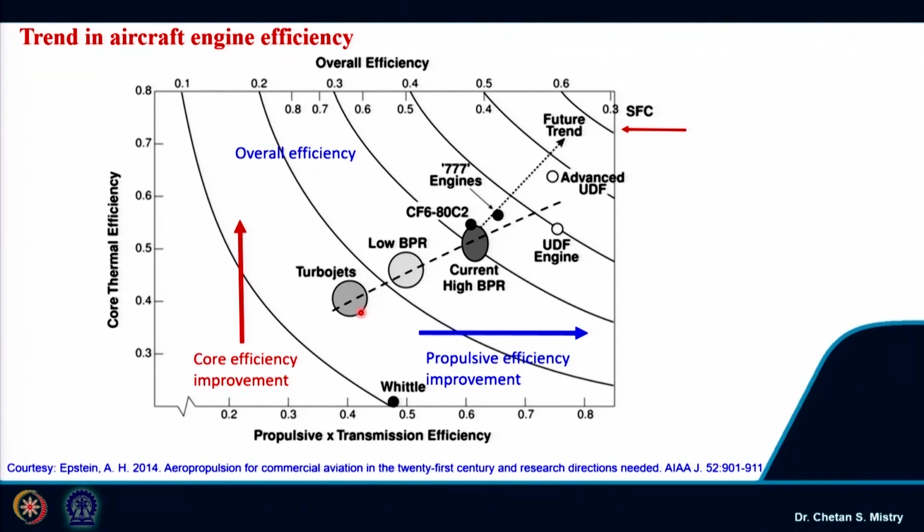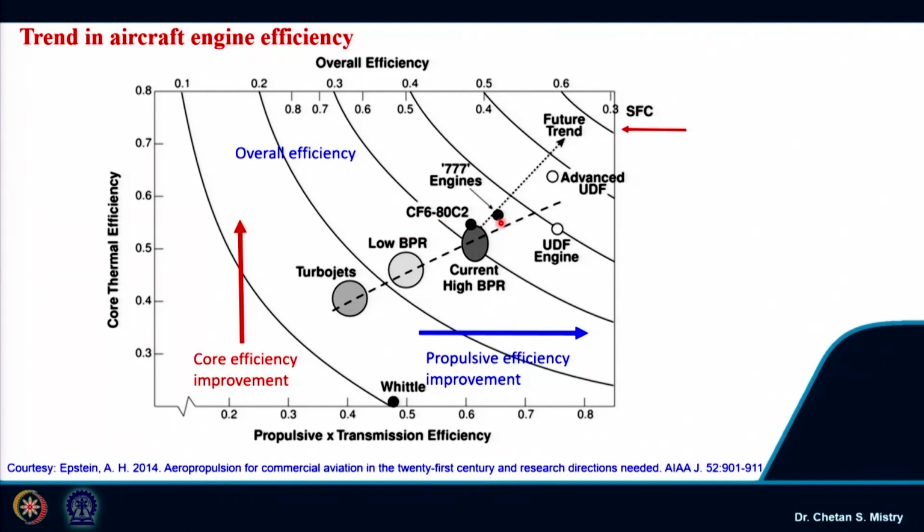If we look at the turbojet engine, it had poor overall efficiency, and the reason is that the propulsive efficiency was low. By using lower bypass ratio and high bypass ratio engines, we try to improve our propulsive efficiency, and that leads to improved overall efficiency.